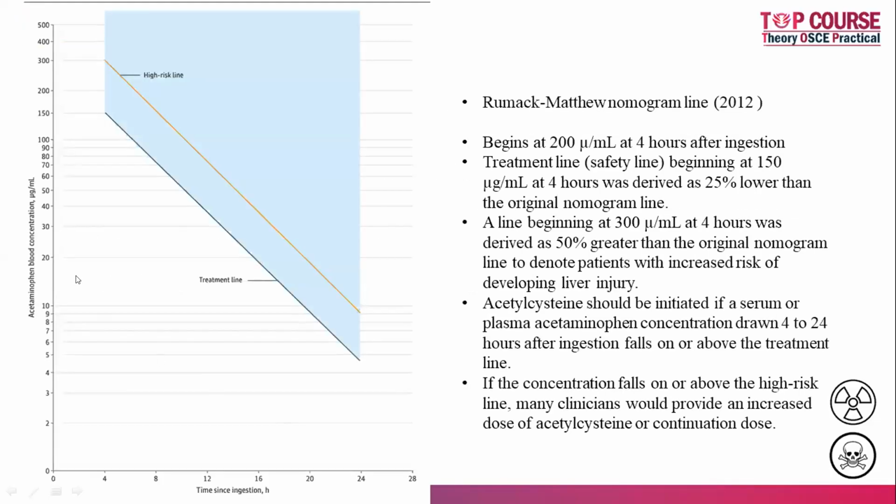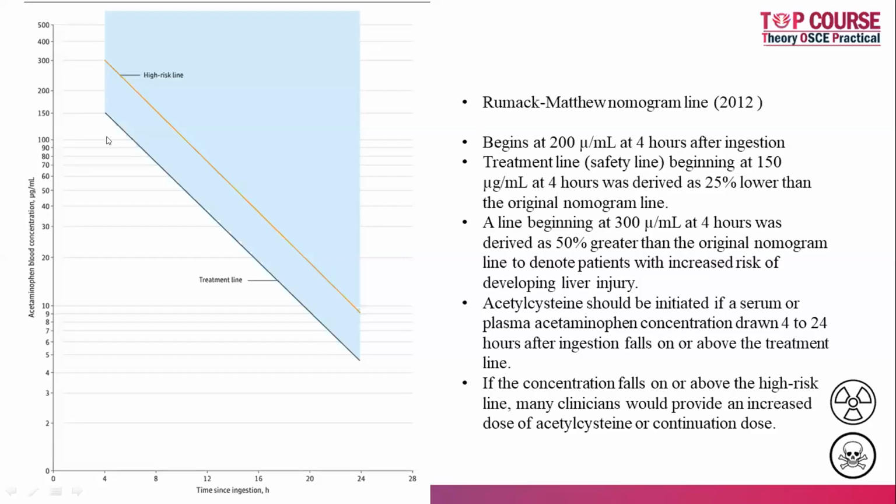So this is the one, very, very important. This is time since ingestion, and this is the acetaminophen blood concentration in microgram per ml. This was first given in 2012. Basically, the Rumack-Matthew nomogram begins at 200 microgram per ml at 4 hours after ingestion.